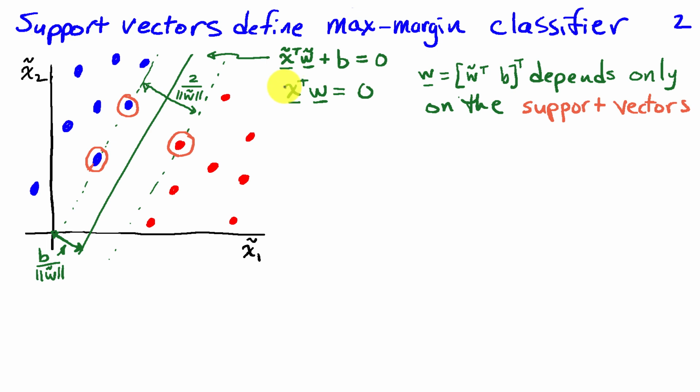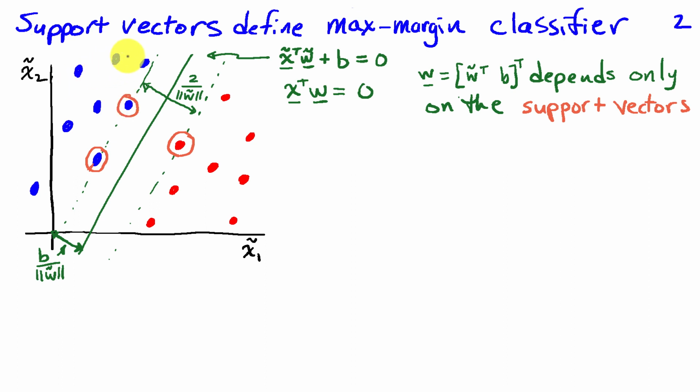Of course, if I define the feature vector x to include a constant term, then I write this as x transpose W, which is what we've been doing all along. So B is involved in the distance of the decision boundary in the solid green line here from the origin. Now the decision boundary only depends on, in this case, these 3 data points circled in orange, because these samples completely define the boundary for the max margin classifier.